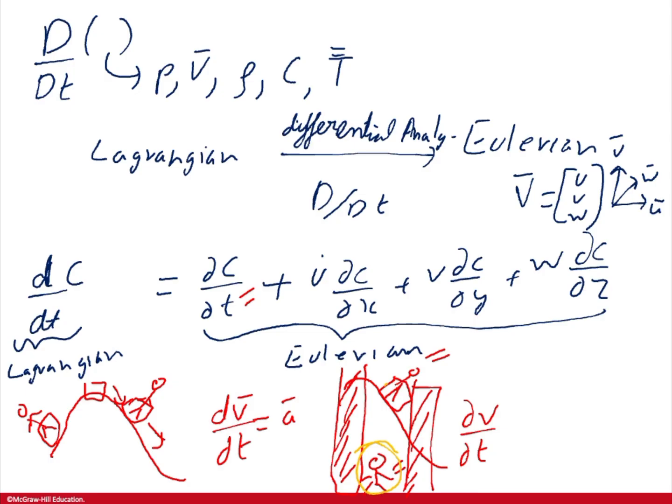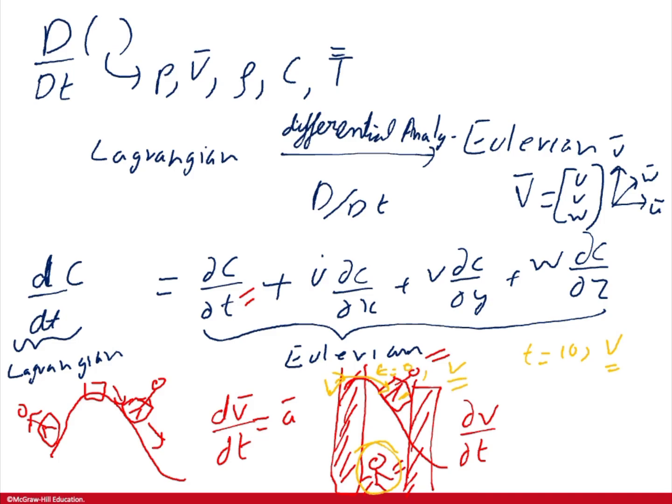Let's say this cart passed by at t equal to 0 with a certain velocity corresponding to this location. At a later time, say t equal to 10 seconds, another cart comes and takes up this position. Naturally, at this position, its velocity will be the same as the previous cart's.